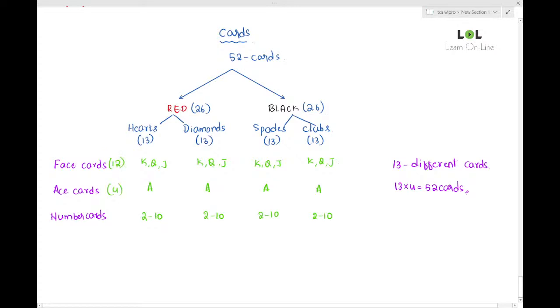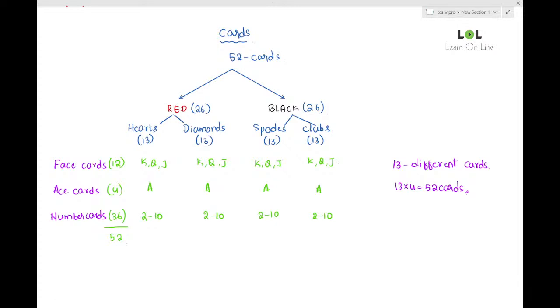Ace cards are 4. Number cards 2 to 10, 9 in each suit, 4 suits, 9 into 4, 36 number cards. If you add them exactly, you will get 52. So this is the entire classification of cards.